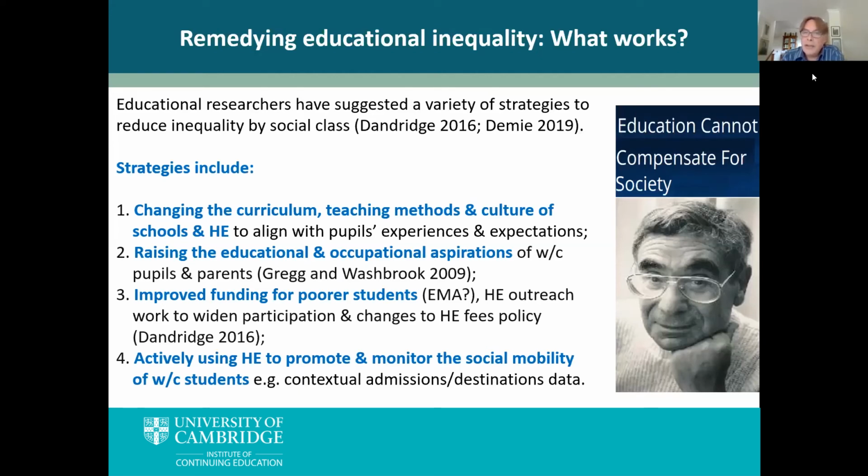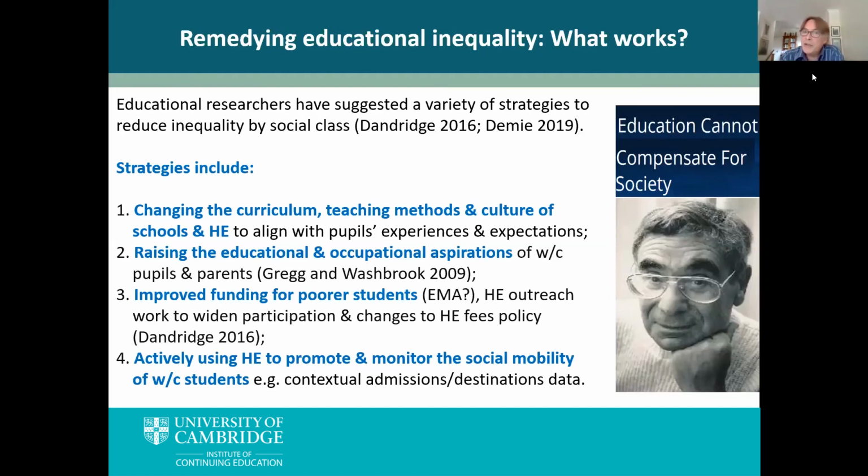We've also seen, and I think this is one that's often underestimated in the academic literature, attempts to improve resources for schools. So under the coalition government, we saw the introduction of the pupil premium. Previously, we've seen the introduction of the educational maintenance allowance as an attempt to encourage less advantaged students to stay on from the age of 16, for example, in further education colleges.